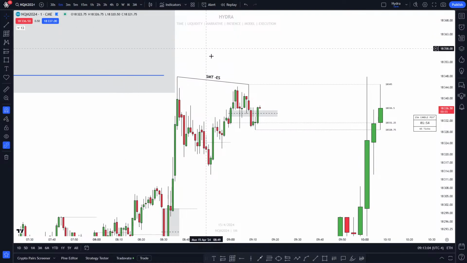So see, we're just coming down, doing stop hunt below short-term lows, and then we are pushing higher again.